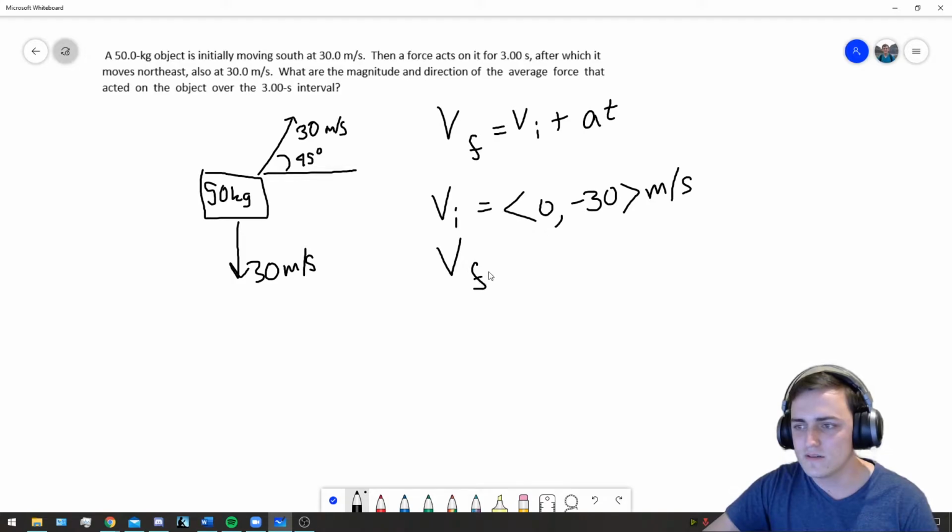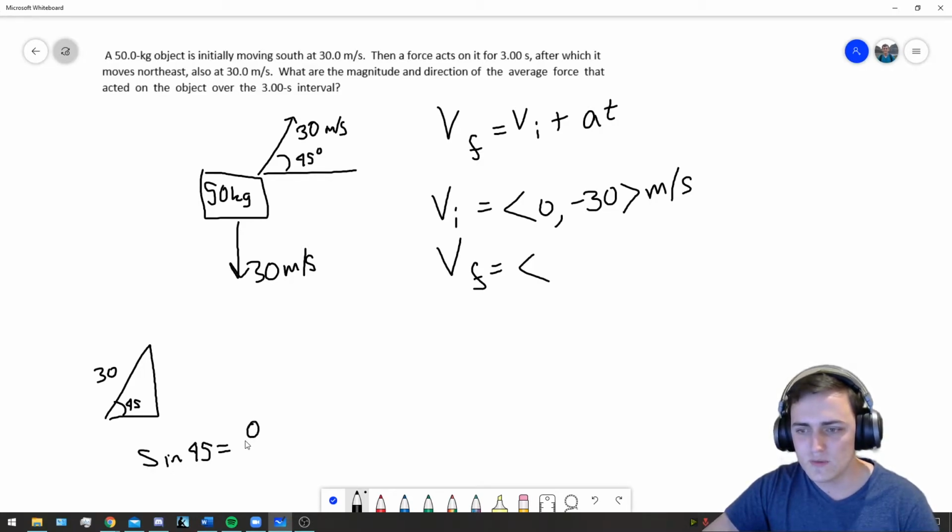Our V final, we see, creates a triangle. And so we have to do a little bit of trig to figure out our x and y components. We can use SOHCAHTOA. Sine of 45 equals opposite over 30, and doing this for cosine as well, we get adjacent over 30, where our opposite is here, our adjacent is here.